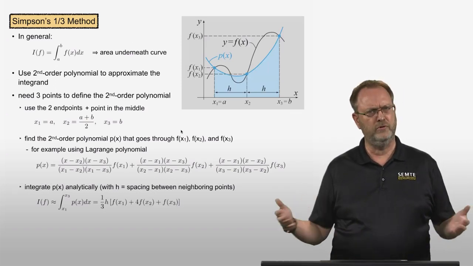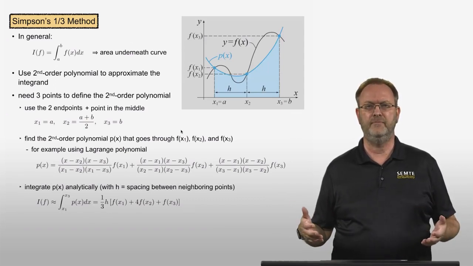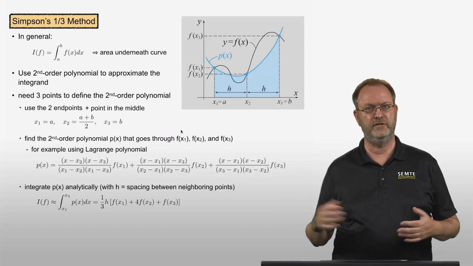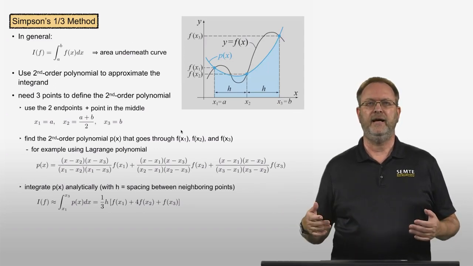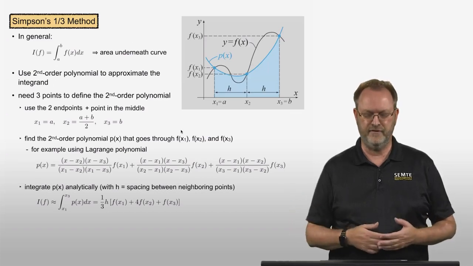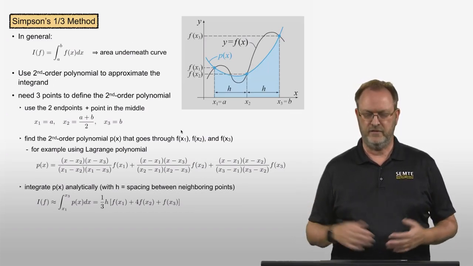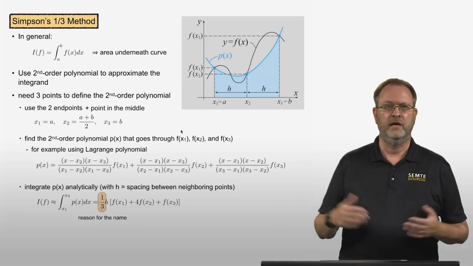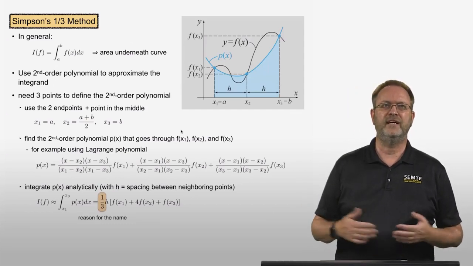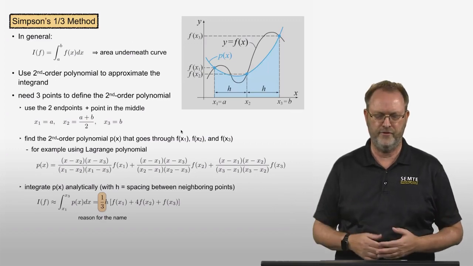And if we go through all the math steps, we'll find that this is 1/3 times h, the spacing between neighboring points, times the function value at the first point, plus 4 times the function value in the middle, plus the function value at the end of the integral. And you would see this factor 1/3 there. That's the reason why we call this method Simpson's 1/3 method.